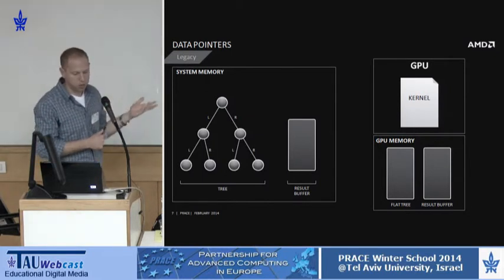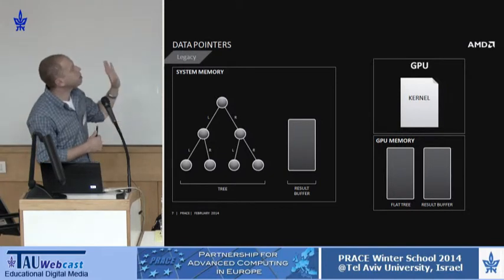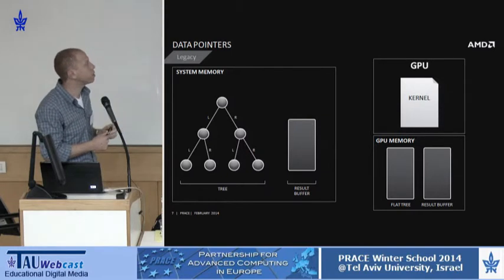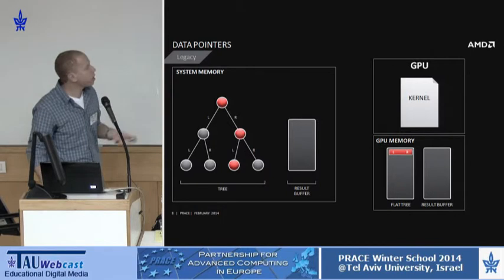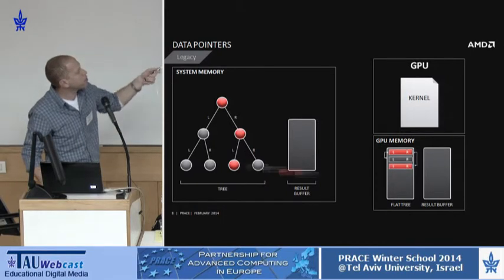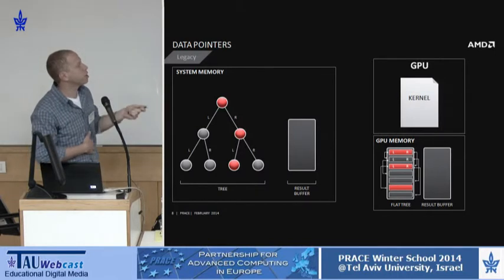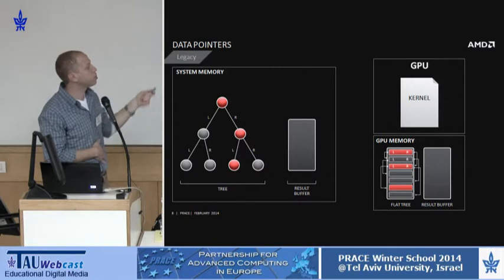And the question that arises is, what is it good for? Let's take the example of traversing a binary tree. Traditionally, we have a tree, and we'd like to perform some walk in it. In order to make the GPU perform the binary tree traversal, first we had to nest the tree in some contiguous buffer.